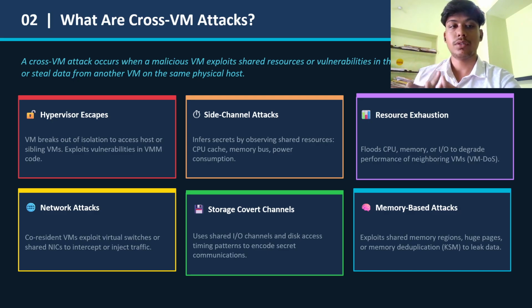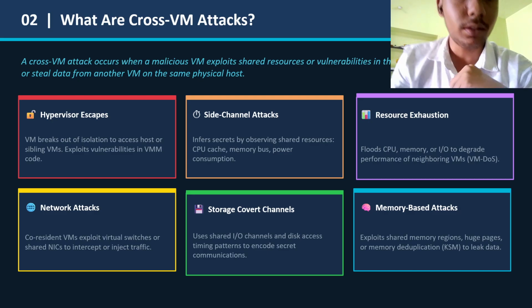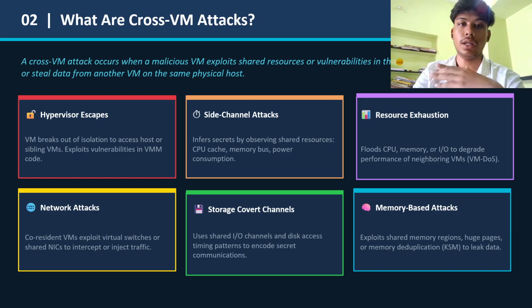Attackers can exploit this to figure out what's in another VM's memory. The fourth one is network access. Co-resident VMs on the same host share a virtual network switch. Attackers can exploit vulnerabilities in the virtual switch to intercept or inject network traffic from neighboring VMs.